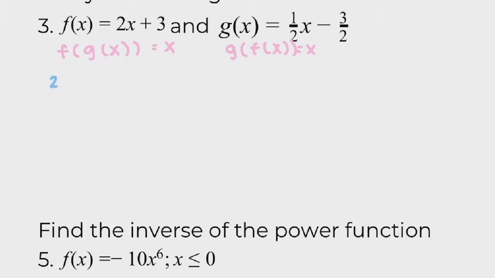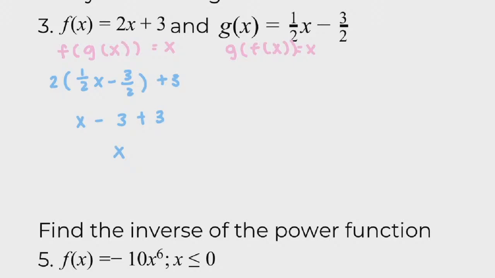So that'll be 2 times (1/2 x minus 3/2) plus 3. So what I did there was replace this x with all of this here. Okay, so we'll get x minus 3 plus 3, and that equals x.